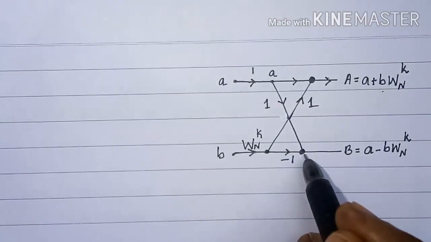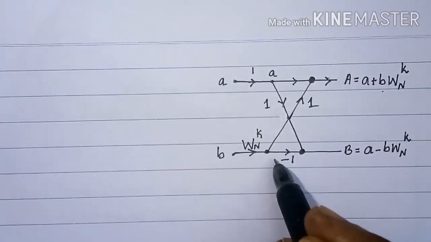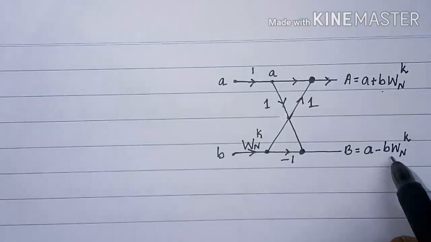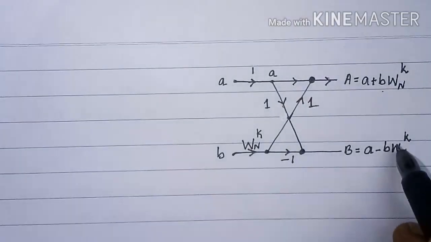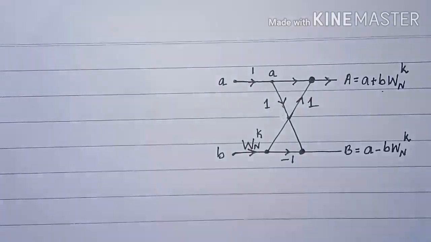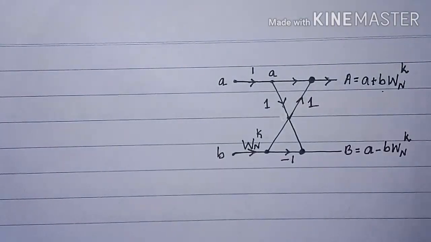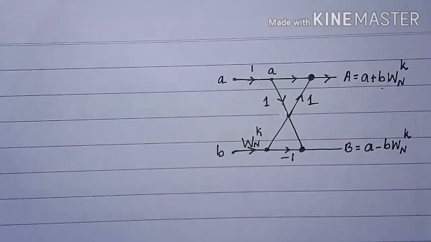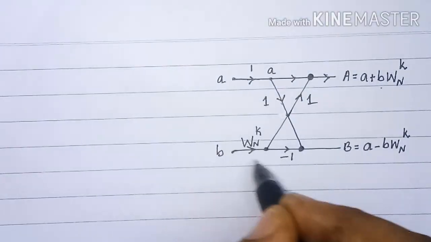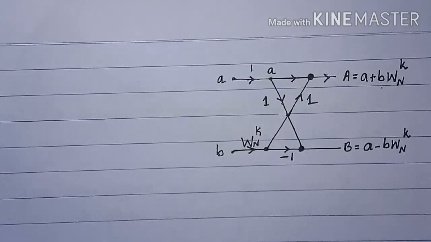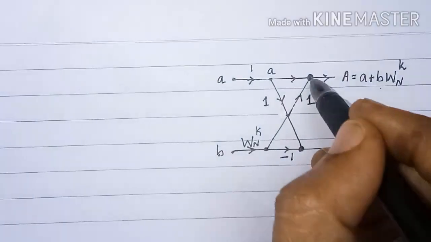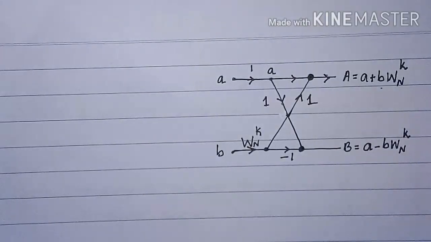So at this point, A and minus Wn to the power k are added, and that summation is called B. So if we look at this butterfly diagram, we come to know that there is one complex multiplication and two complex additions.